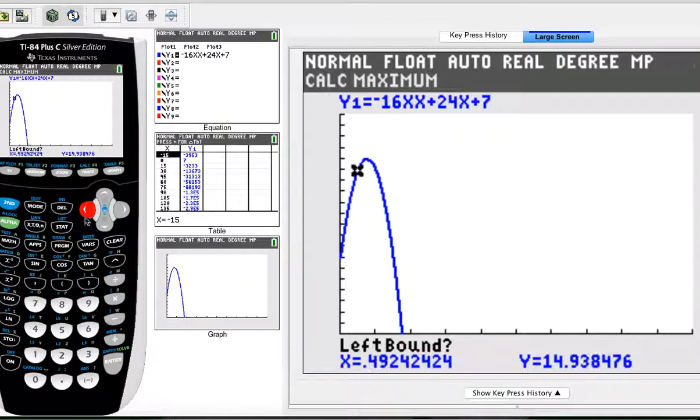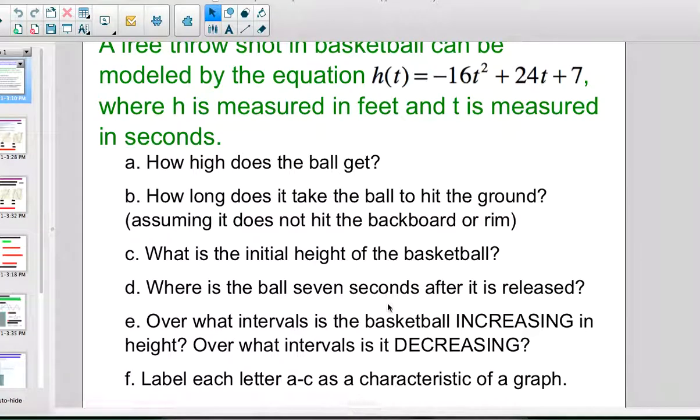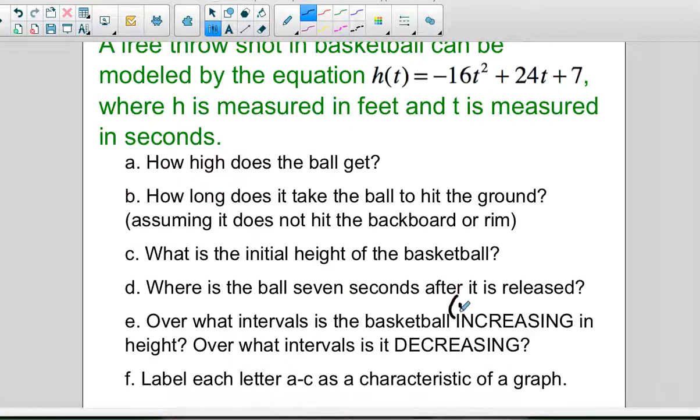So I need this x-coordinate right here, which you could do negative b over 2a and get it, but we have the calculator, might as well just do it this way. So it's 0.75 exactly, actually. So it's 0 to 0.75 is where it's increasing. And this is all interval notation, no brackets or anything like that, 0 to 0.75. So 0, 0.75 is where it's increasing.